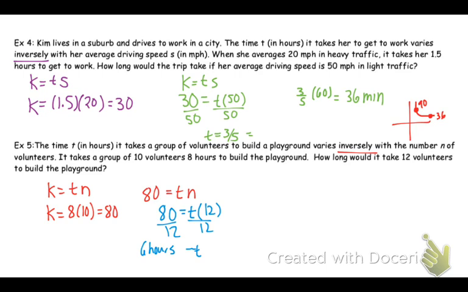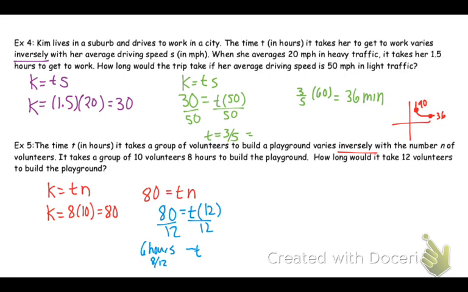So 12 times 6 is 72. So I'd have 8 over 12 as a remainder. So I need to turn that into minutes. So 8 over 12 times 60, and let me go ahead and reduce that to make it a little easier.